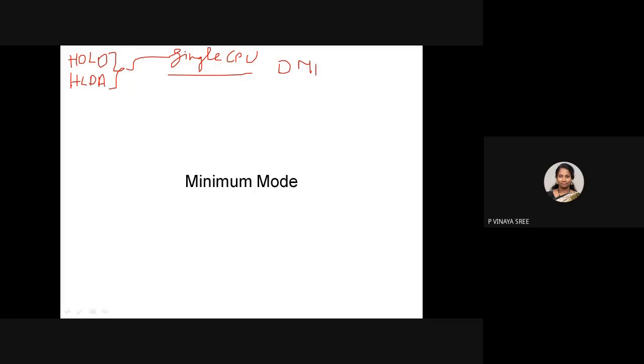DMA we have as a complete topic in the next unit, but for the sake of understanding I will try to explain. DMA is direct memory access. Let us consider this is your computer, your system.